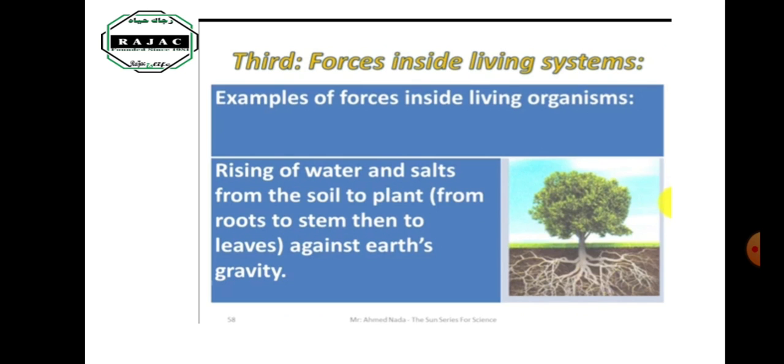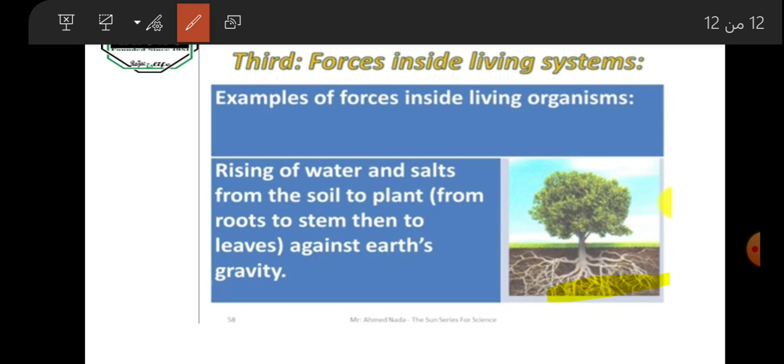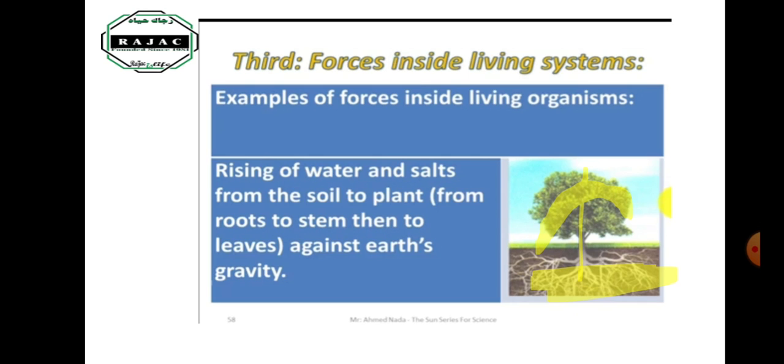How come? Because the water, salts and the minerals move from the lower concentration of the soil to the higher concentration of the plant. So in this part we talked about another force but inside the plant, such as the force that causes rising of water and salts from the soil to the plant, from the root, then to the stem, then from the stem to the leaves to make their own food.